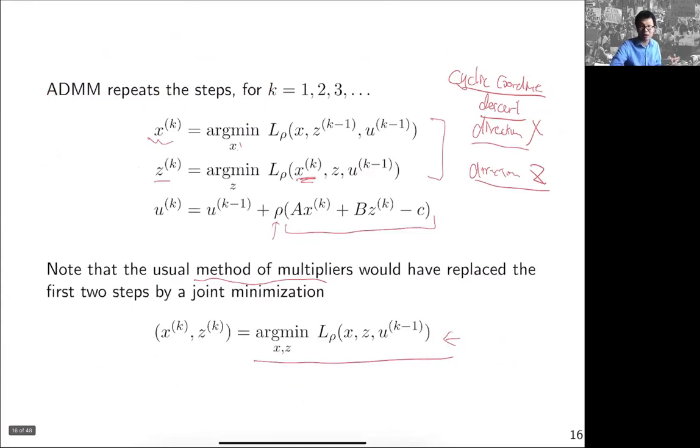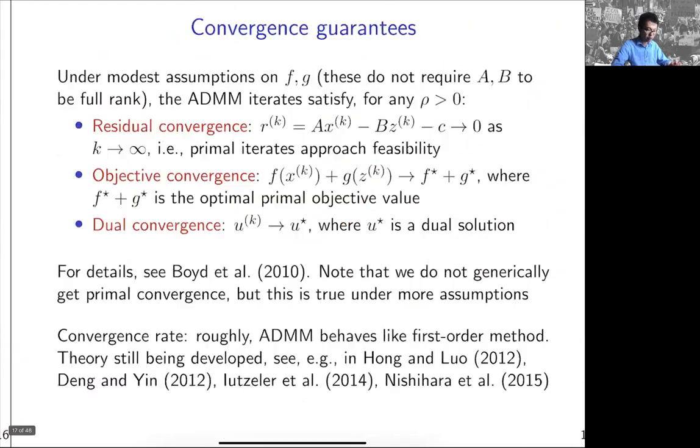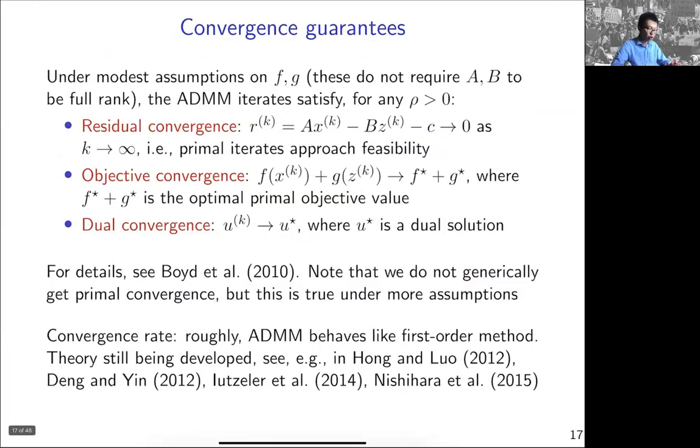You construct the augmented Lagrangian, and then you solve argmin for x, you solve argmin for z, and then you do dual gradient ascent on the dual variable u. By iterating this, it has been shown that the ADMM algorithm converges in the objective function, in the residual, and in terms of the dual variables.